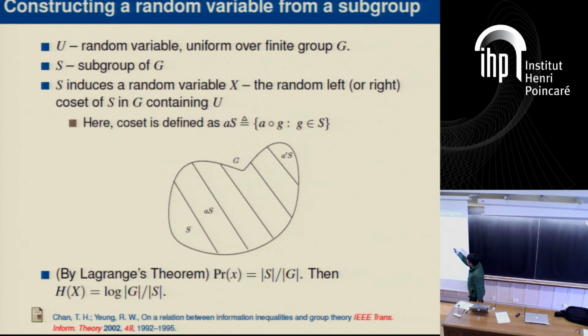So this S will partition the group into many different cosets. A very interesting property is that each of the cosets will have the same size as S. And therefore, the number of cosets that you will get is the size of G divided by the size of S. That's the very famous Lagrange theorem.